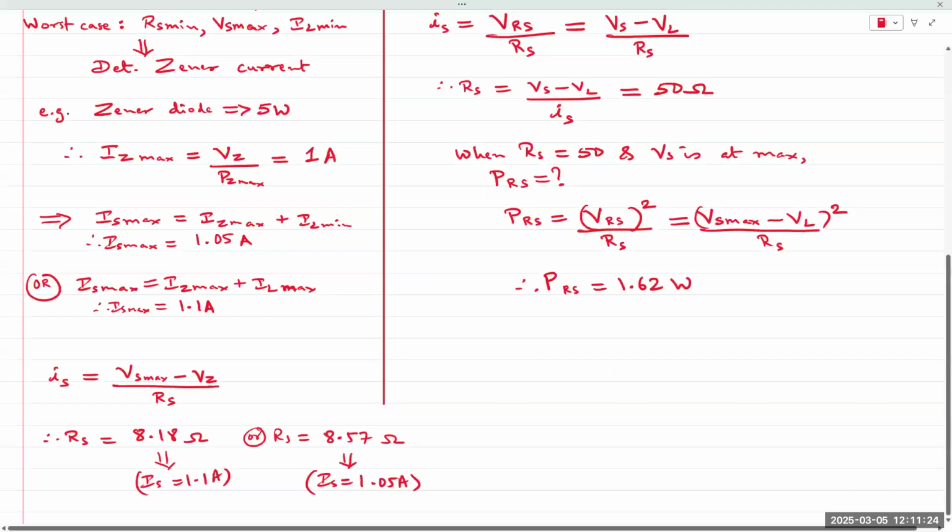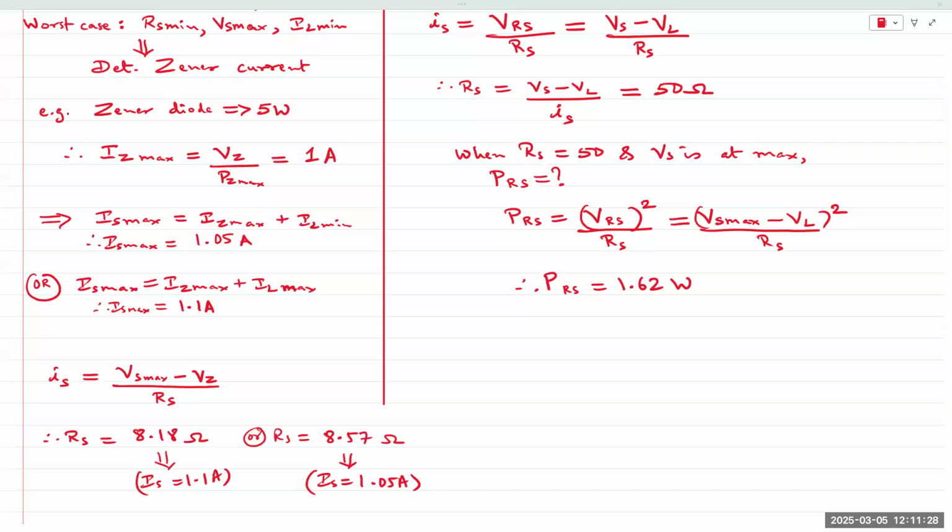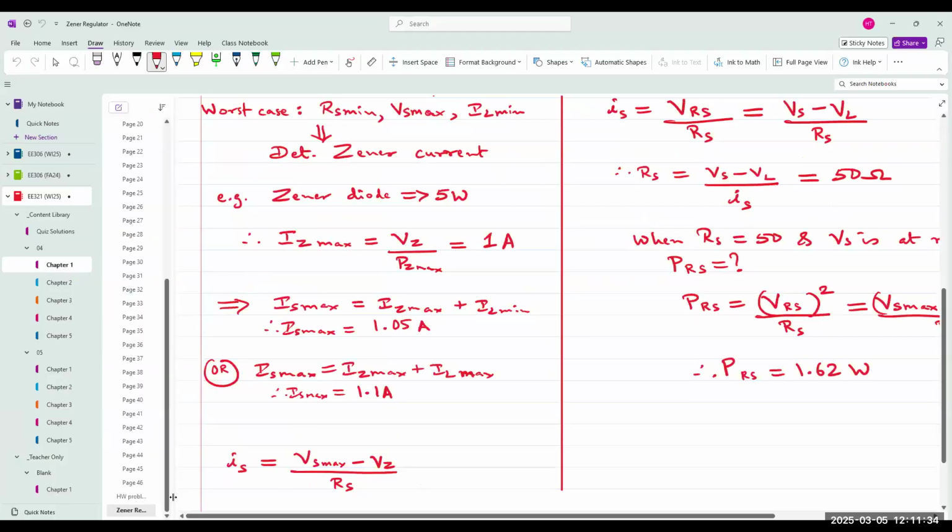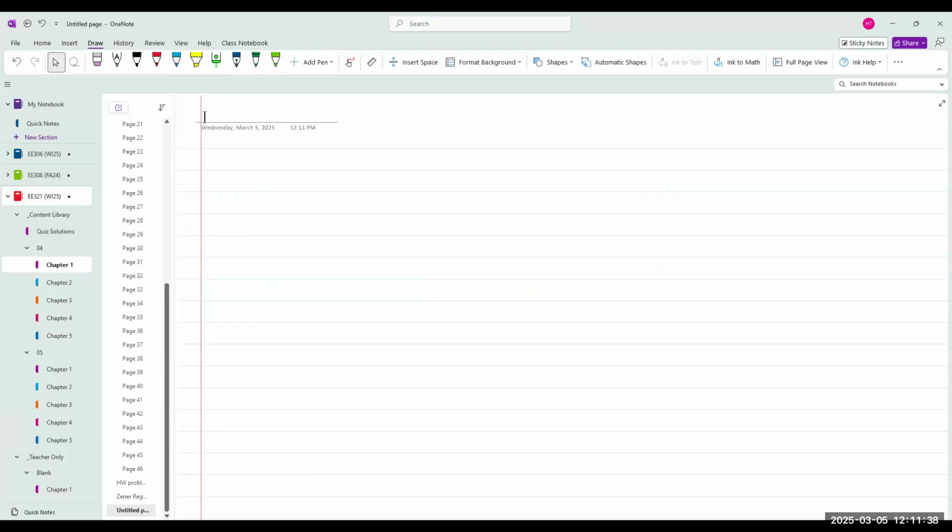So we have the Zener regulator, and this is, okay, let's add one more page for ideal diode examples.